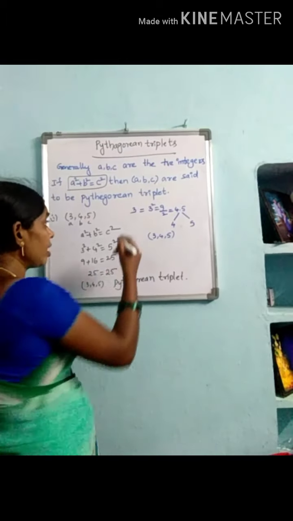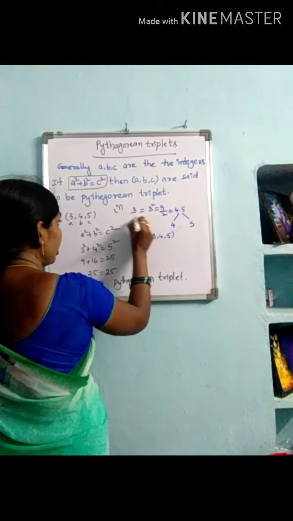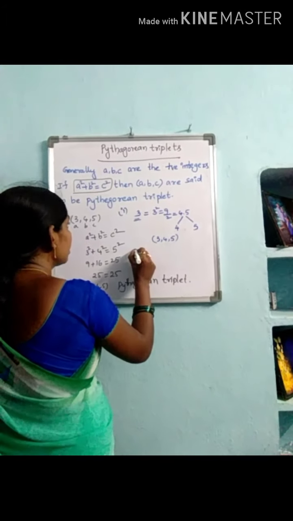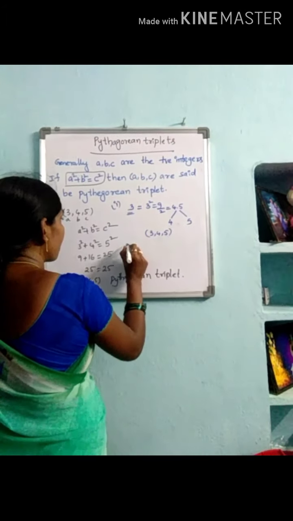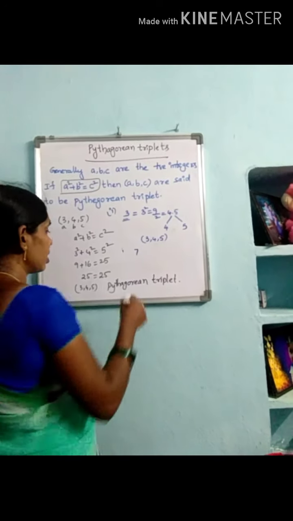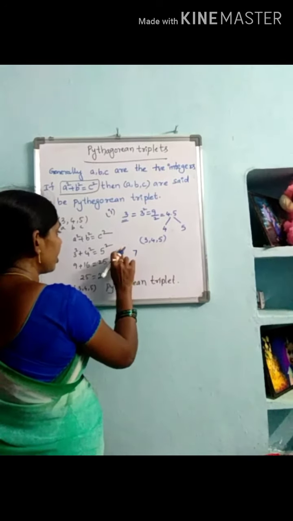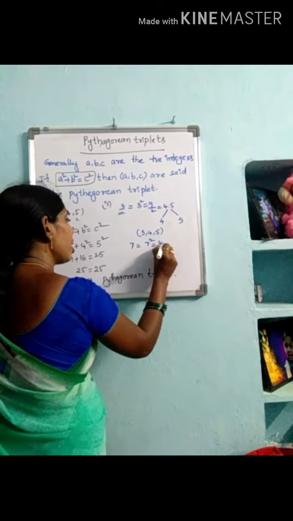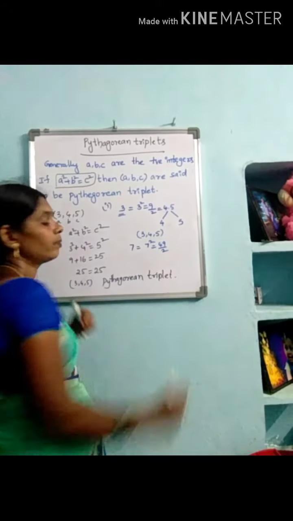This is possible when we take an odd number. Suppose I take another odd number, 7. 7 is an odd number. So what is the remaining Pythagorean triplet here? 7 squared is 49. We have to divide by 2.